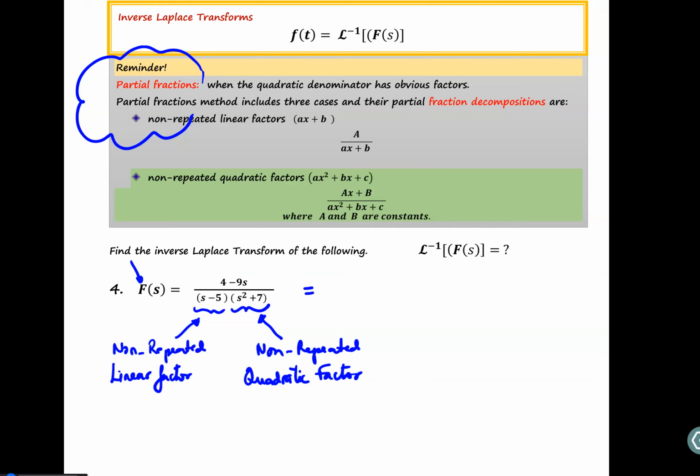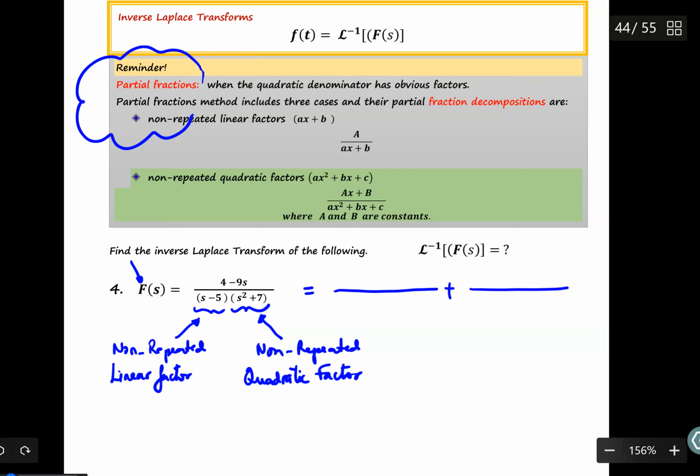Then what you do is you must break this into two fraction decompositions. One of the denominators will be s minus 5. The other denominator is s squared plus 7. So what do we need to write as the numerators here? Remember this.